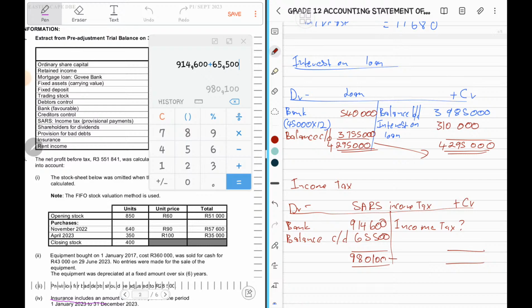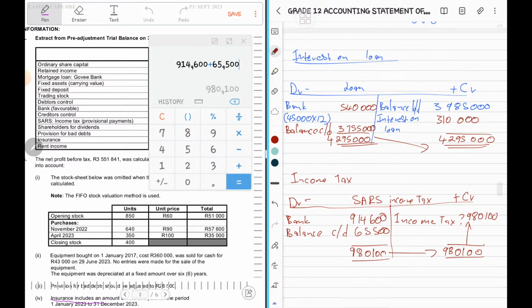Then we bring this amount here, 980,100. This will be our income tax, 980,100. I hope it makes sense, this one.